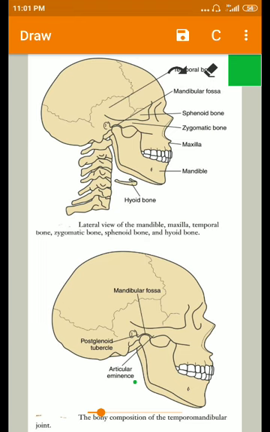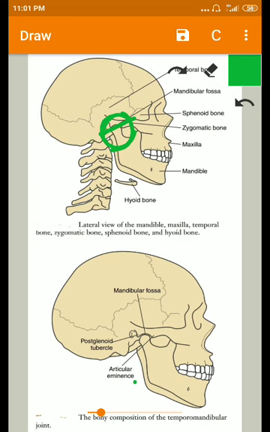And also the movements which take place by the mandible at the temporomandibular joint occur in all the planes, that means sagittal plane, coronal plane, and transverse plane.